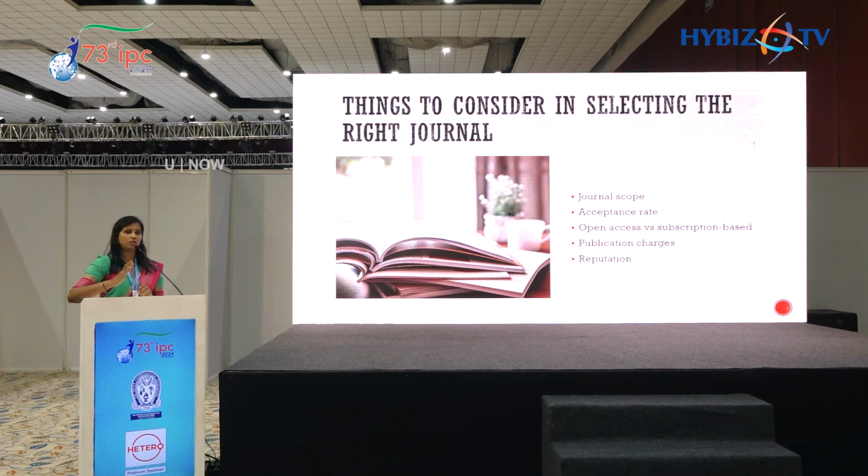So all these things you need to be very aware of when you select the journals. Don't go and submit everything, and then after they finish all the peer review you say, I have no money to publish. So you need to know how much they charge for publication, and the reputation. We talked about reputation quite a bit previously, so I'm not going to touch it. You don't want to publish in journals that don't have a good reputation, whether in a field or in general.